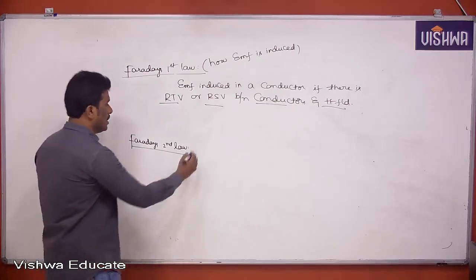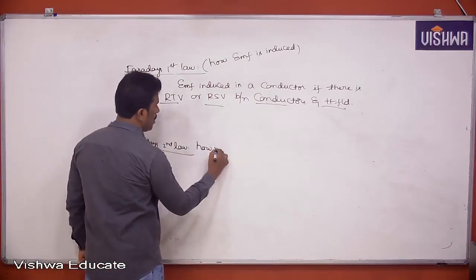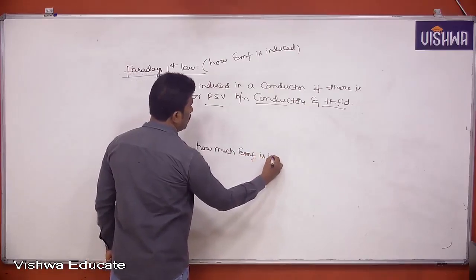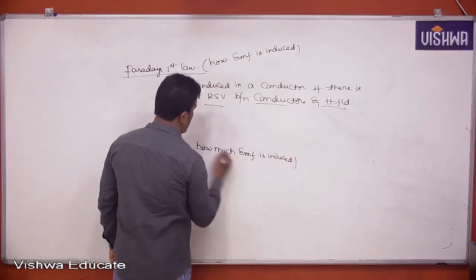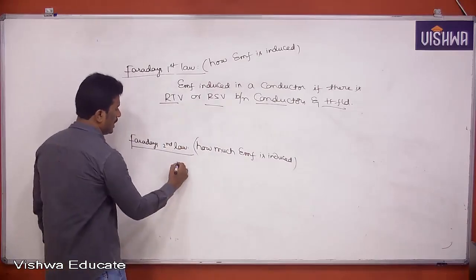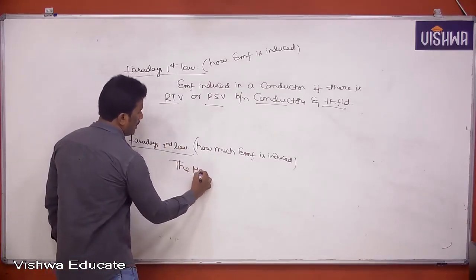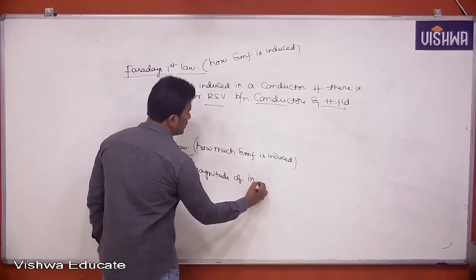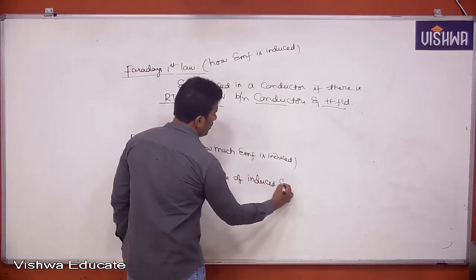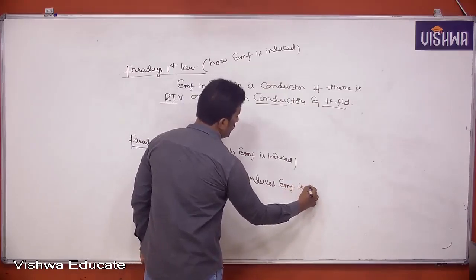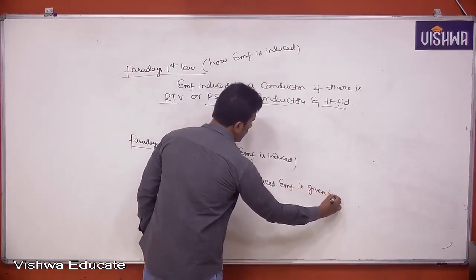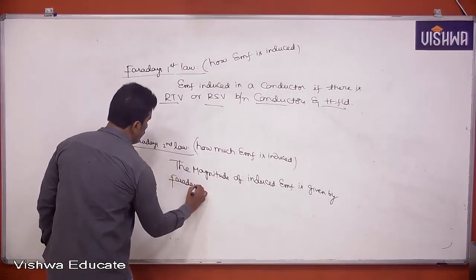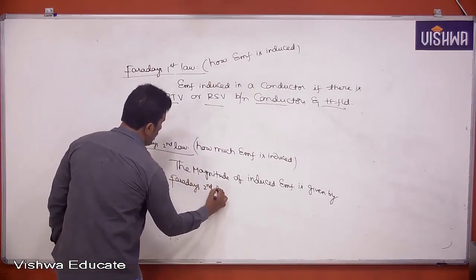Faraday's second law means how much EMF is induced. That is only Faraday's second law. That means indirectly I can say that the magnitude of induced EMF is given by Faraday's second law.